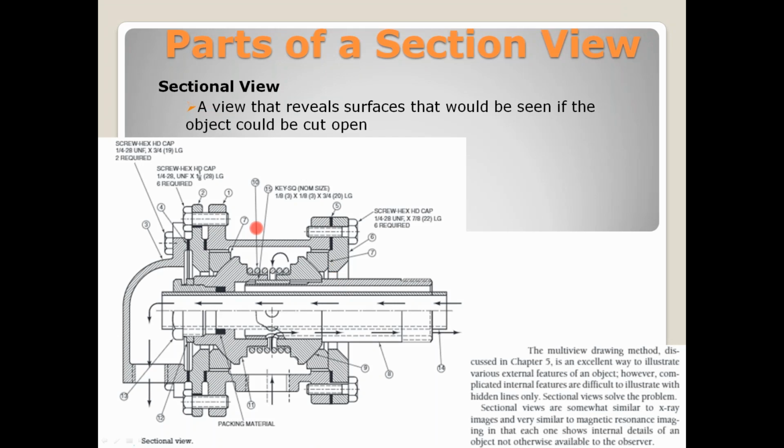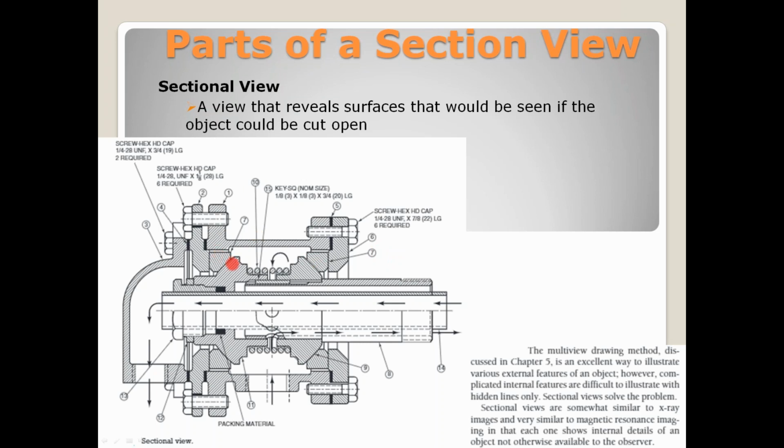This is why in the previous chapter we used three principal views to show the object, but then you won't be able to see what's inside the component. So the sectional view would be the best way to present to the engineer or the manufacturer exactly what that object is going to look like.